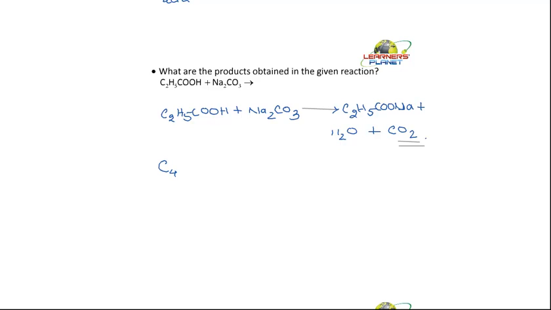Right? I can take any other acid here. I can take C4H9COOH. What will be its name? How many carbon atoms? 4 plus 1, 5. So it should be pentanoic acid. It will react with sodium carbonate, that is Na2CO3, and will give what?